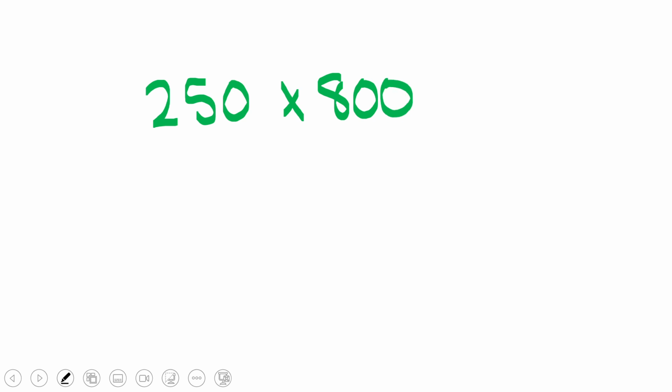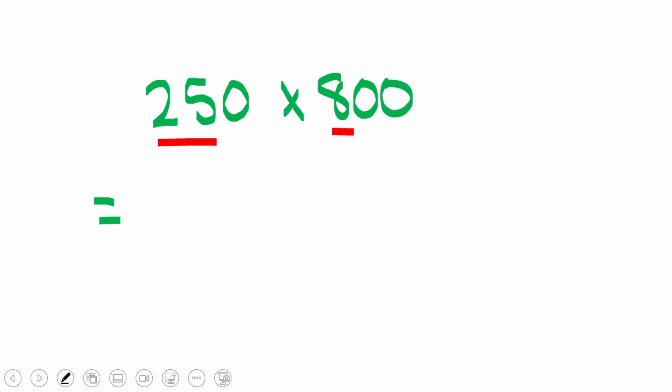Let's try another one. 250 times 800. All right. 25 times 8. Think of 4 quarters in a dollar. 8 quarters would be $2.